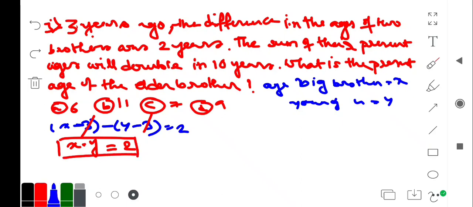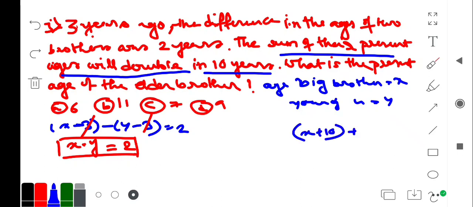Okay, next, the sum of their present age will double in 10 years. Okay, their present age will double in 10 years. 10 years এ ডাবল হয়ে যায়, মানে after 10 years x plus 10 and y plus 10, এদের sum, okay, is equal to twice of their present ages. Their sum of present age is equal to x plus y.